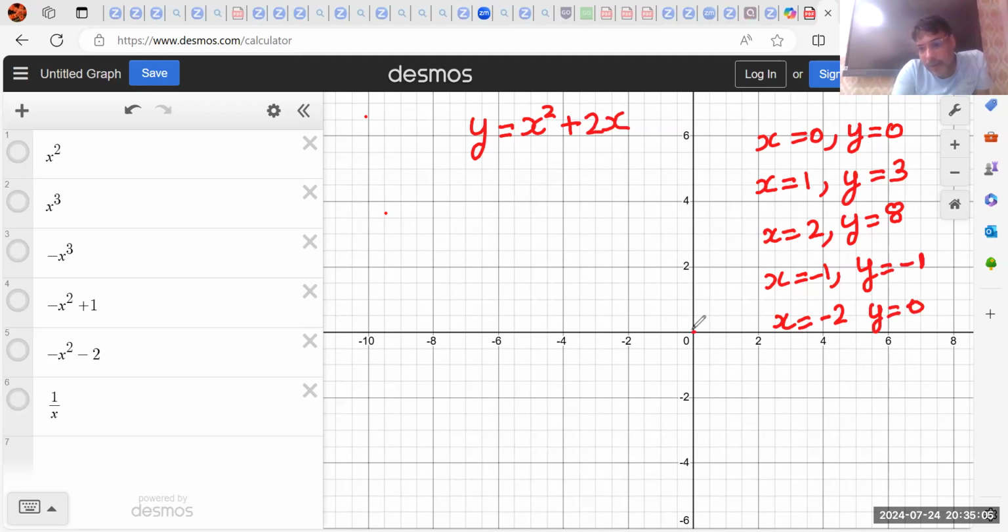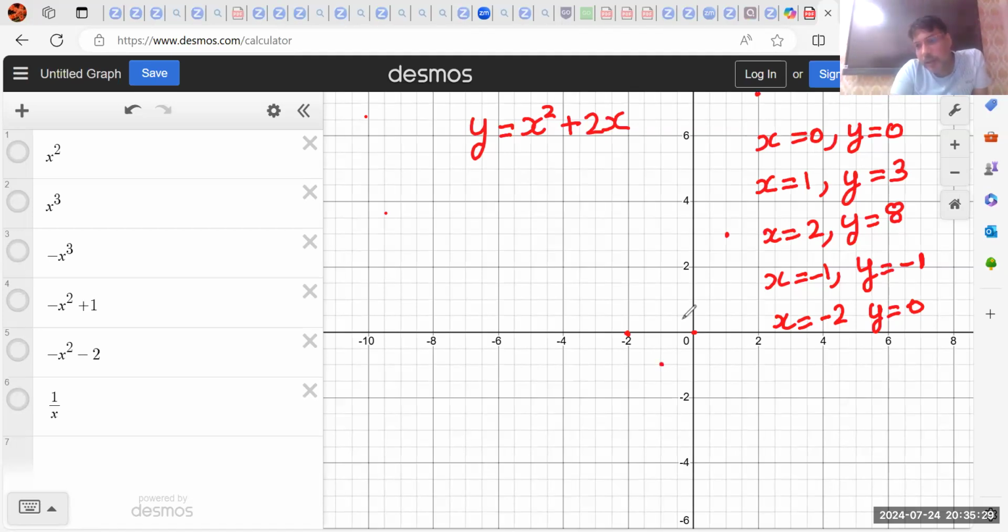So first of all, I'll mark the point x equal to minus 2, y equal to 0. Then I mark the point x equal to 1, y equal to 3, and x equal to 2, y equal to 8 somewhere here, and x equal to minus 1, y equal to minus 1.